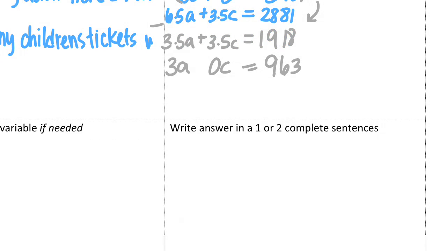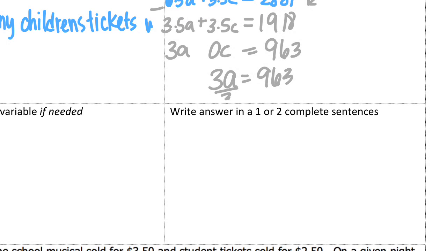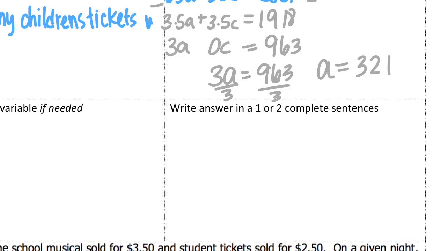So this lets me know that 3A is equal to 963, and I can divide both of these by 3, and I get A equals 321. That means there were 321 adult tickets sold this night.